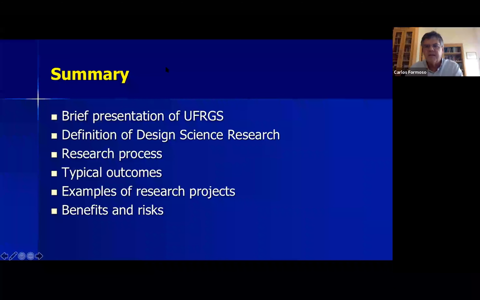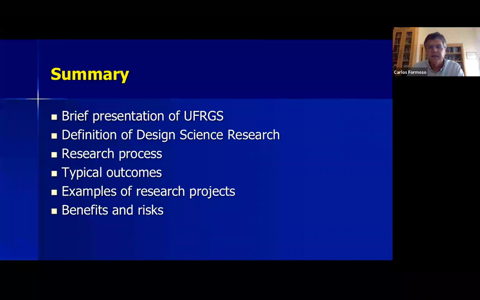Right, so this is a summary of my presentation. I'm going to make a very brief presentation about my university, and then I'm going to talk about what design science research is about.